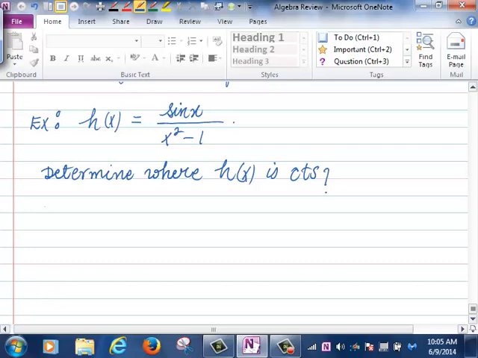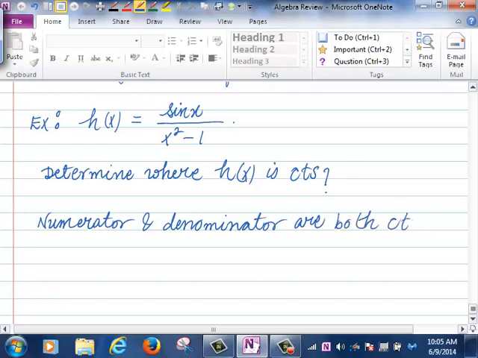Well, we see that here I have a fraction, and the numerator and the denominator are both continuous on what?